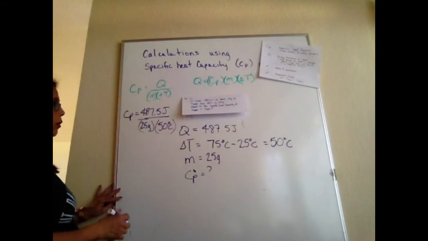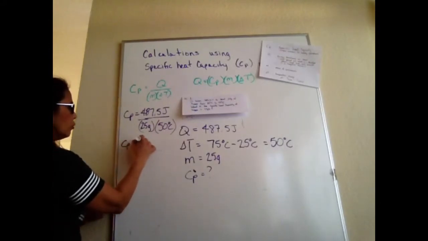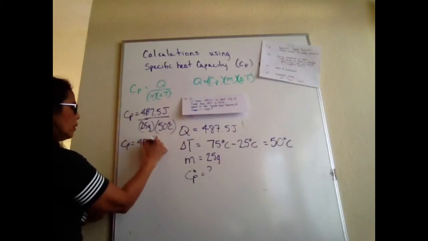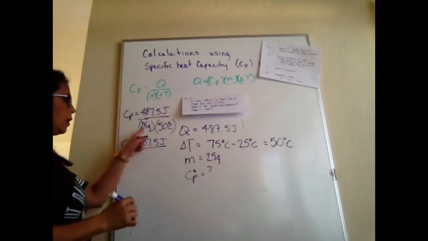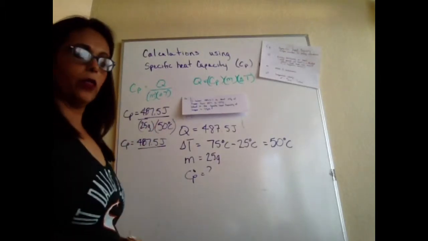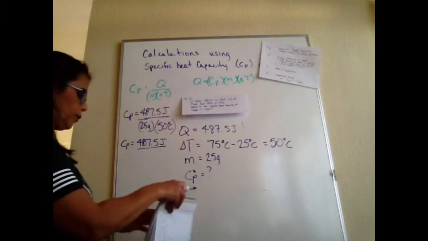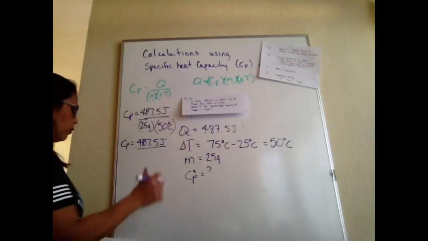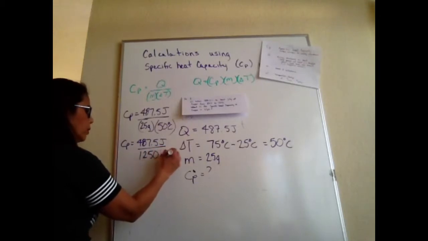From here on out, it's just a simple mathematical issue. Cp is equal to 487.5 divided by the value that I get from 25 times 50, which gives me a total of 1,250 gram degrees Celsius.